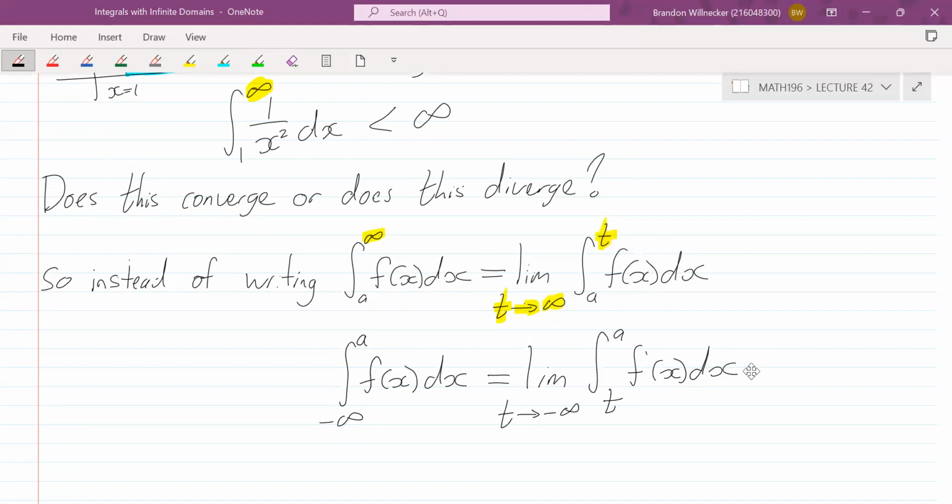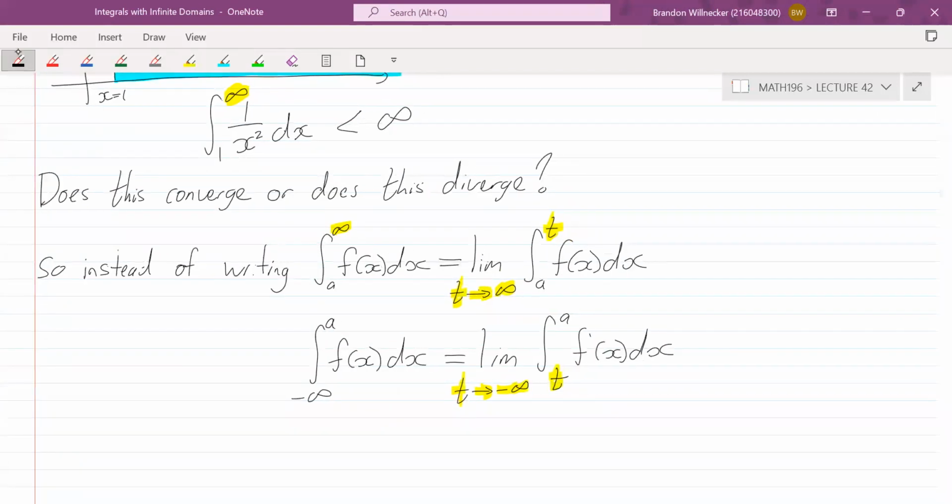We have no problem calculating the integral involving t. Once we get our answer from that, we can then take the limit and see if the limit converges or not. If the limit does converge, then we say that the integral converges, so we get a finite area. If the limit diverges, then we say that the integral diverges, and so the area goes off to infinity.